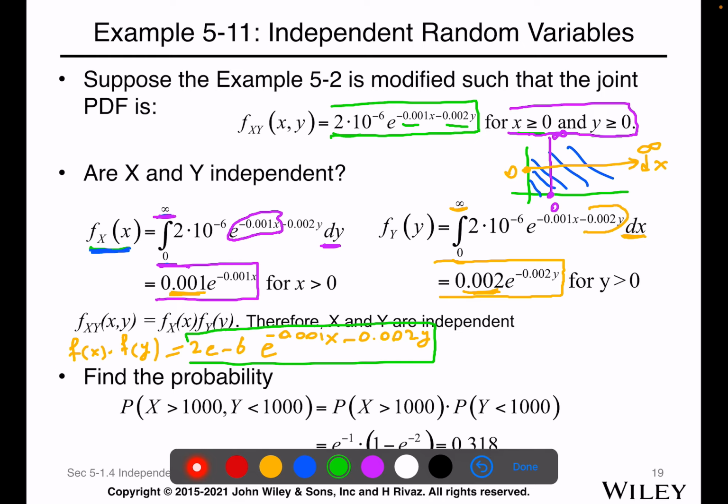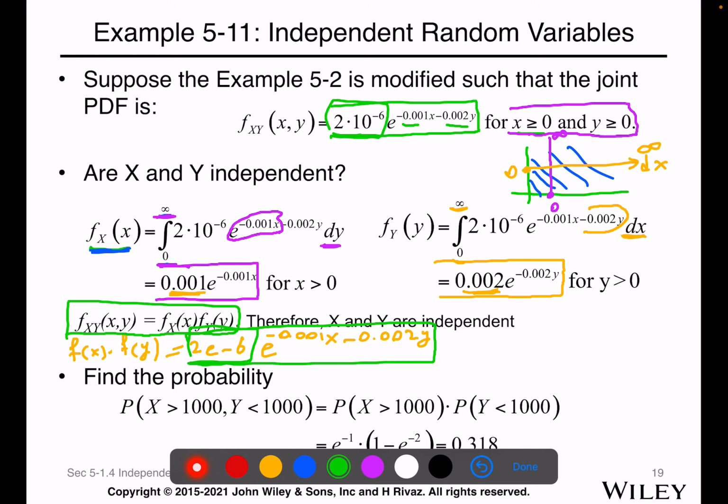In other words, f of x and y is equal to f of x times f of y. We have 2 times 10 to the minus 6 here, and we have it also here.